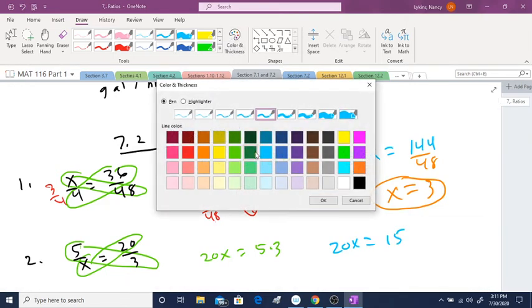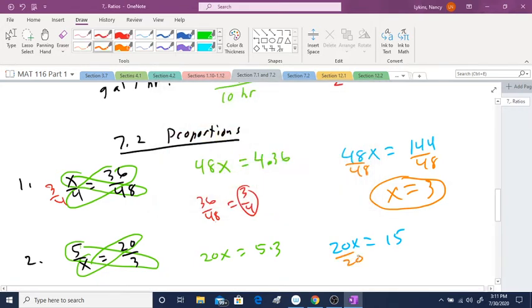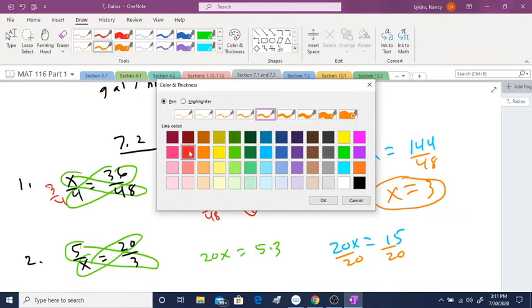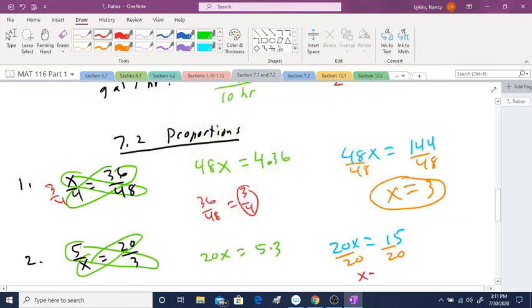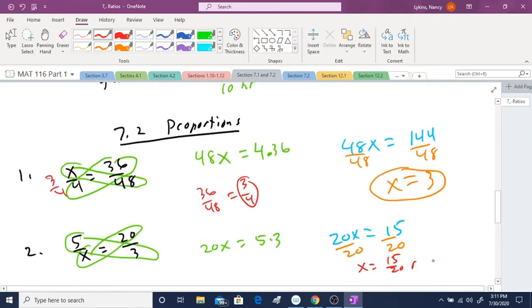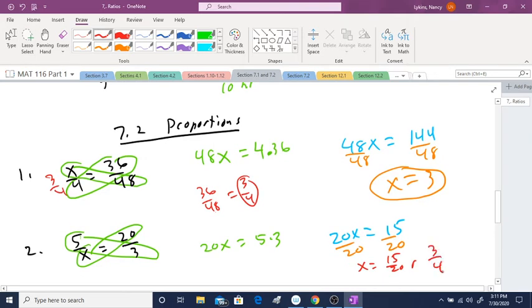Since that is 20 times x, I'm going to divide by 20. And x equals 15 over 20, or if you reduce it to lowest terms, 3/4.